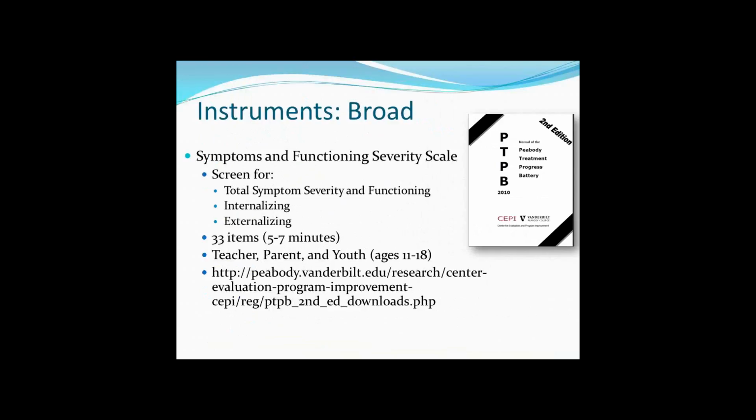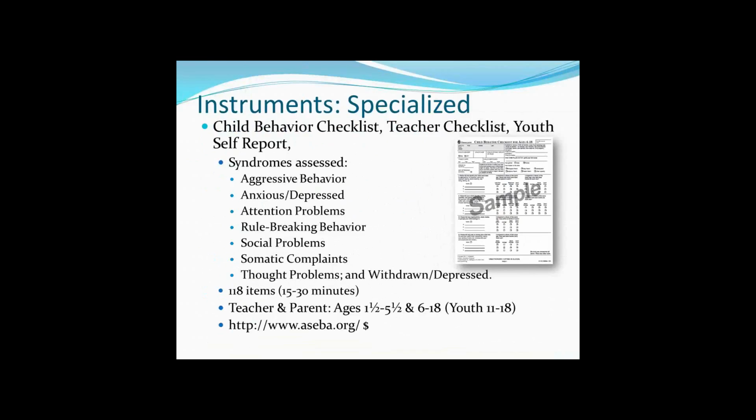If you're doing smaller groups or single classrooms or things like that, a hand scored scale is not as daunting a task. And this scale can be done by a teacher, parent, or the youth, ages 11 to 18.